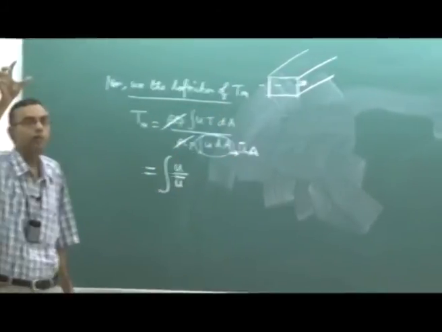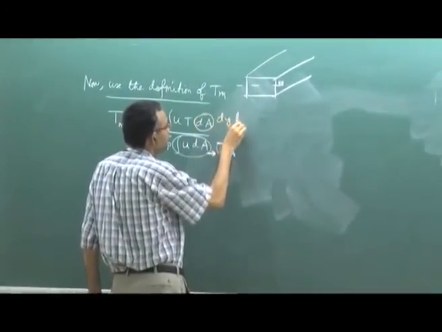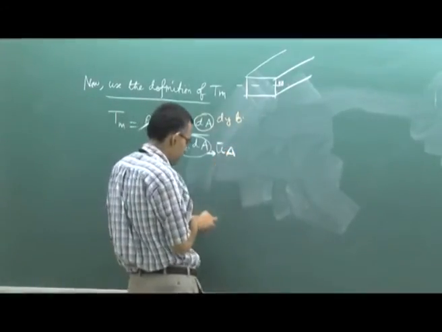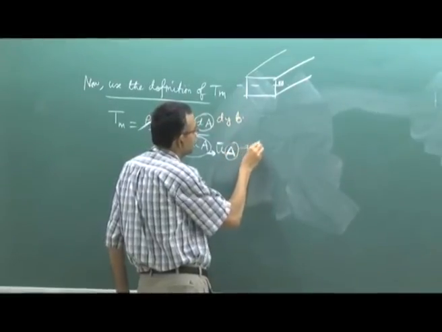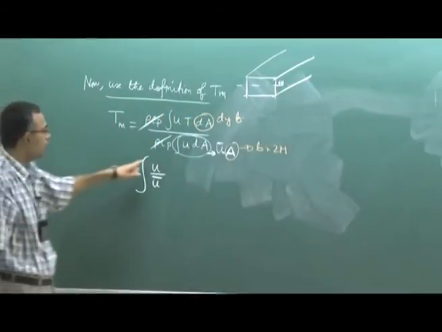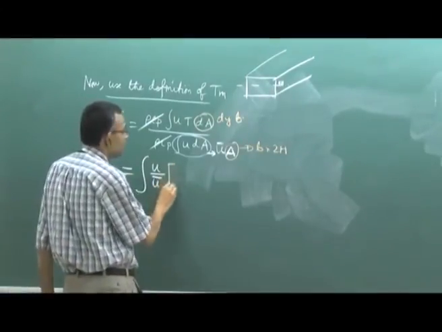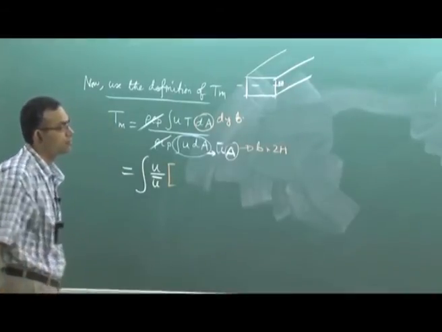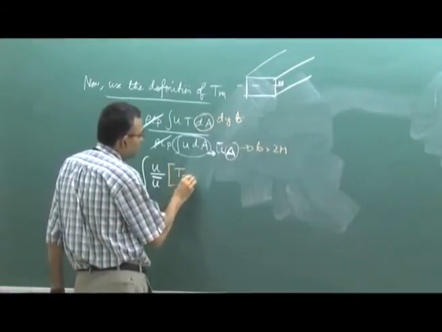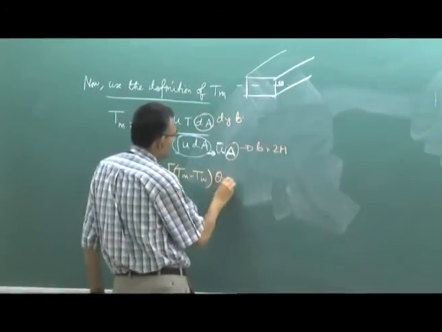So dA is dy into B, and A is B into 2H. So integral u by u average, in place of T you can write Tm minus Twall into theta plus Twall.